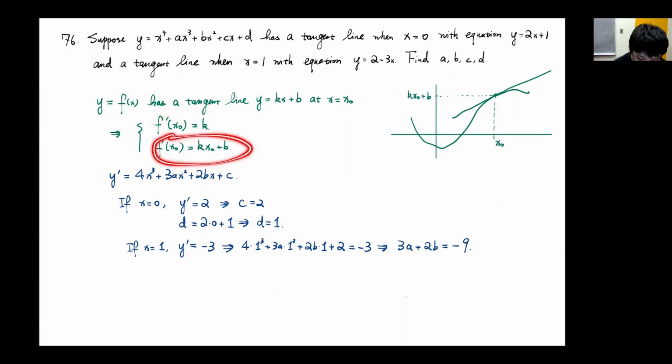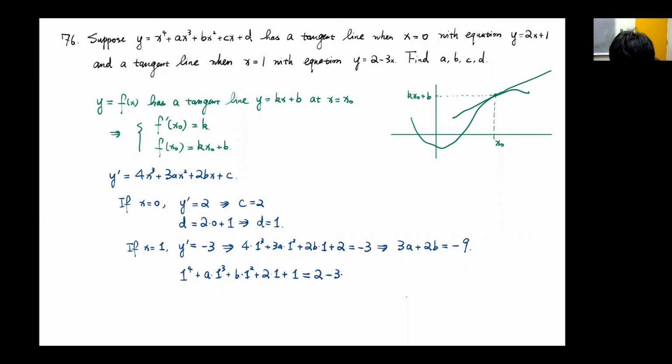Now let's look at the second condition. If x equals 1, let's look at the function value at the point 1. That will simply be 1 to the 4th plus a times 1 cubed plus b times 1 squared plus, now that c equals 2, 2 times 1, and d equals 1, so that will be 1 over here. We know this is equal to 2 minus 3 times 1.